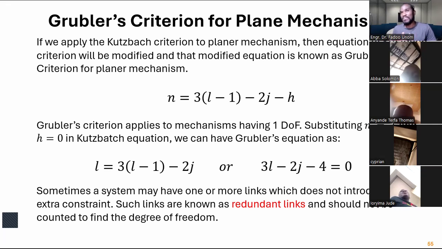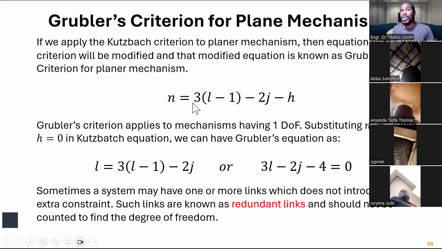It's the same thing, but the equation now becomes Grübler's equation. You apply that only to mechanisms that have 1 degree of freedom.